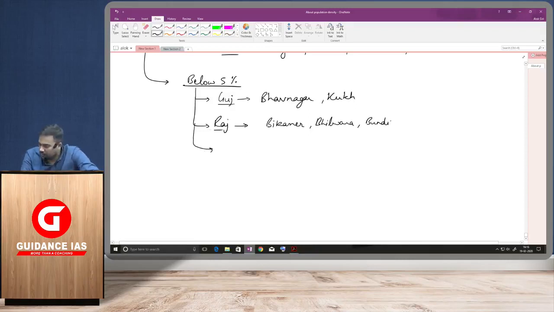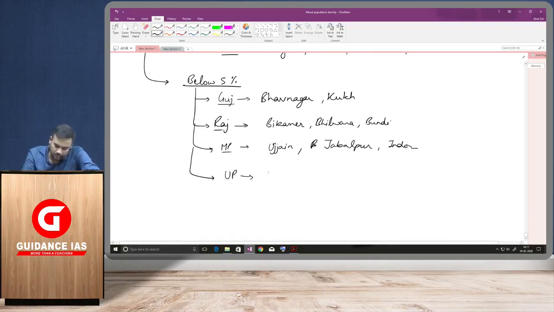In MP, Madhya Pradesh, Ujjain, Jabalpur, Indore. UP, Firozabad.